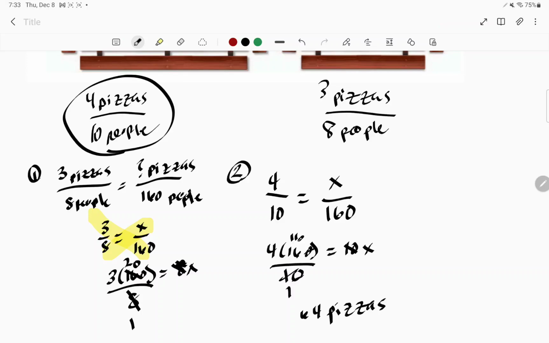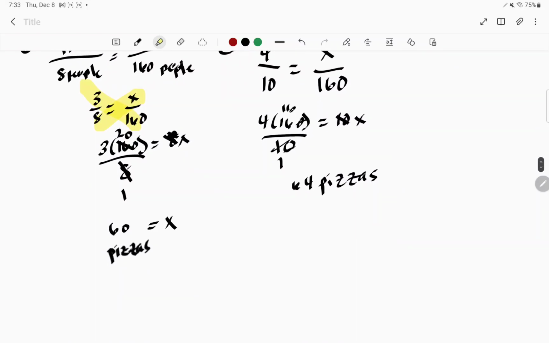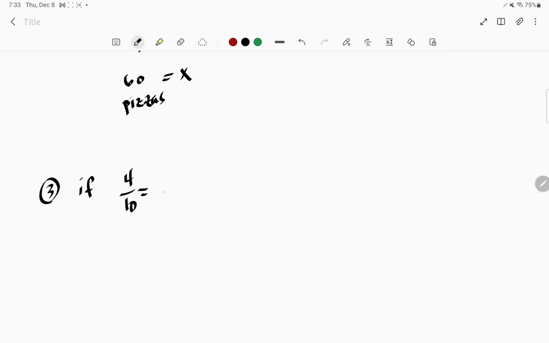So now to answer 3 and 4, make a choice. Either you're going to use this ratio or this ratio. Okay, I'm going to do both of them, but let's take a look on number 3. So let's say you used 4 pizzas to 10 people.